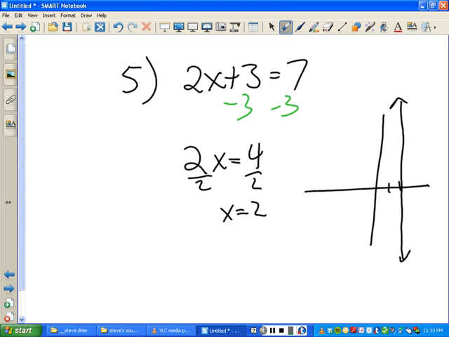What's the x-intercept? The x-intercept is 2, 0. It crosses the x-axis right here. Where's the y-intercept? The y-intercept is, there is none. Okay. Questions on that?